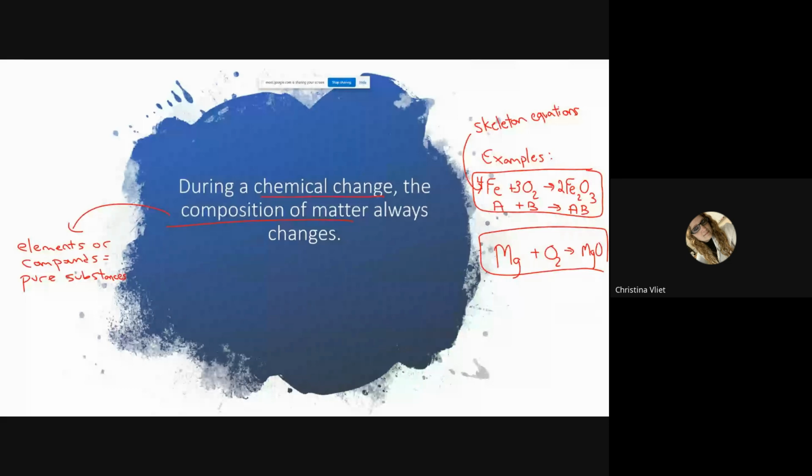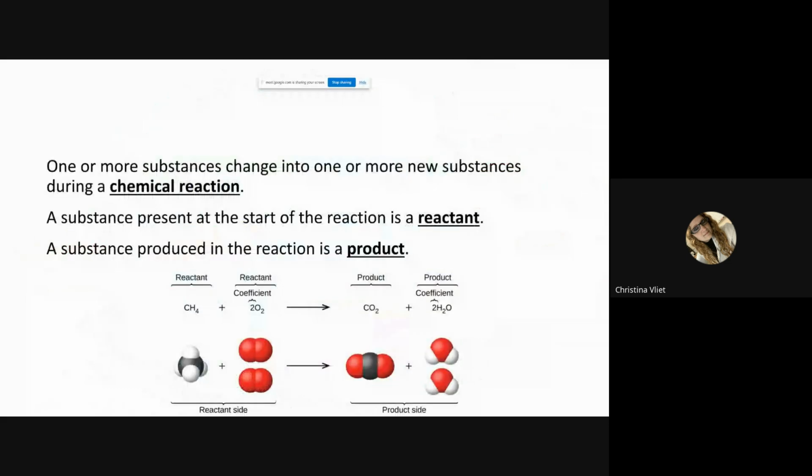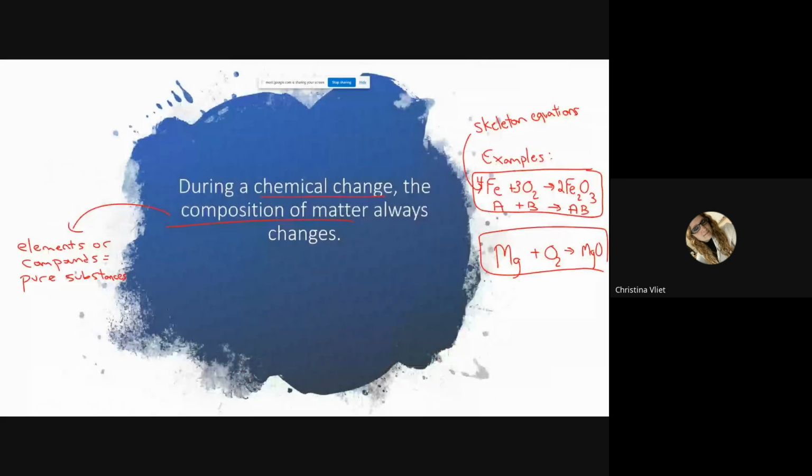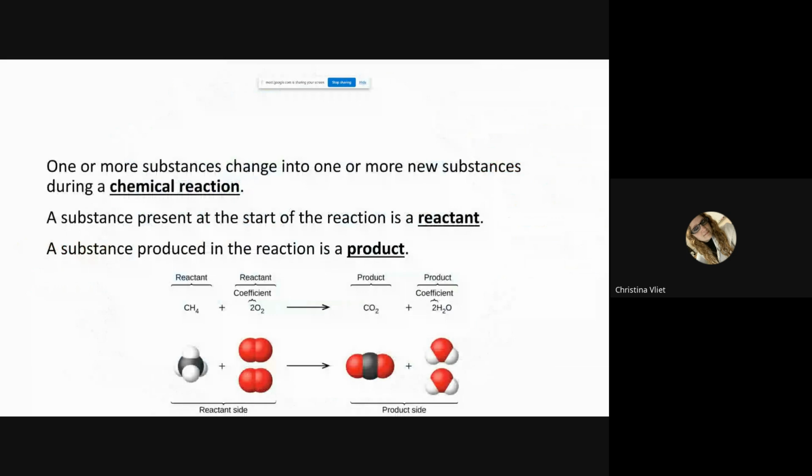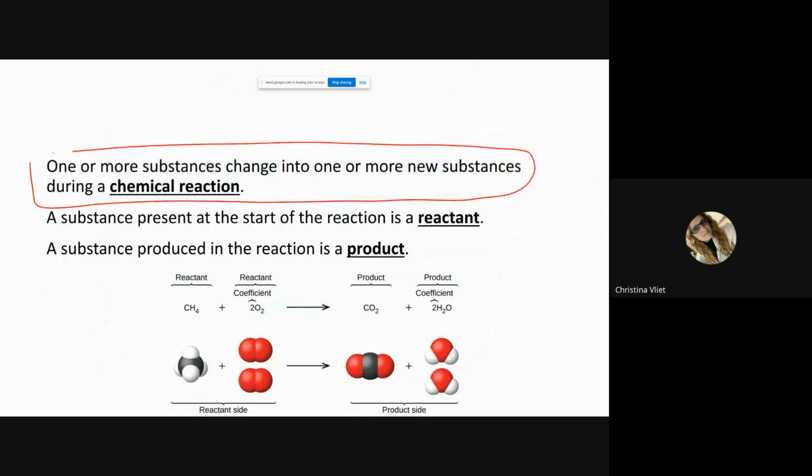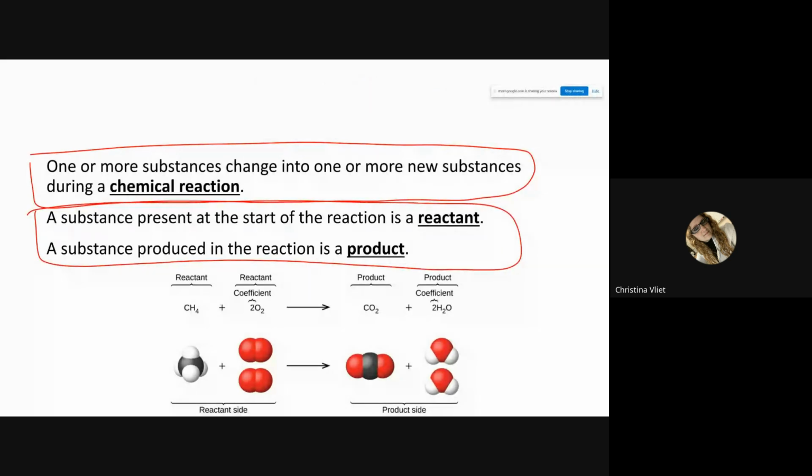And so there's some other vocabulary we need to get through. First of all, what is a chemical reaction? This is where our substances change into other substances. And you do have to know what is a reactant versus what is a product. So if I've got a reaction like this, let's do magnesium plus HCl goes to this.